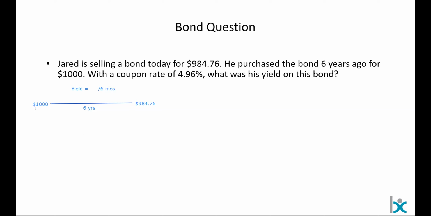Now, normally I would do future value for that, right? But really, I'm going to do present value in this case for the value of that coupon. And then exactly right, divide by 2 to get the coupon.